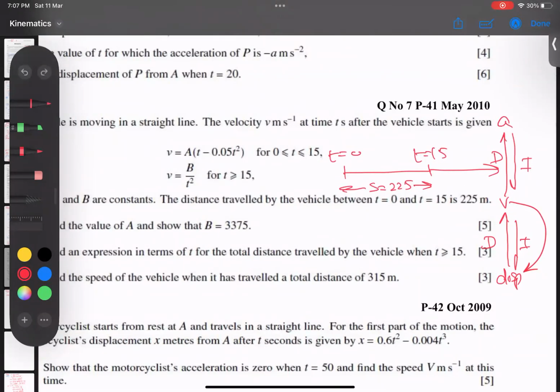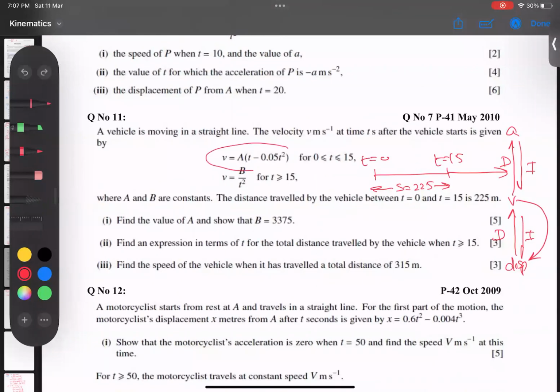So let's start. First of all, I will integrate this equation with the limits 0 to 15, and it equals 225. In this way, we can get this unknown constant. He's asking us to find the unknown constant.